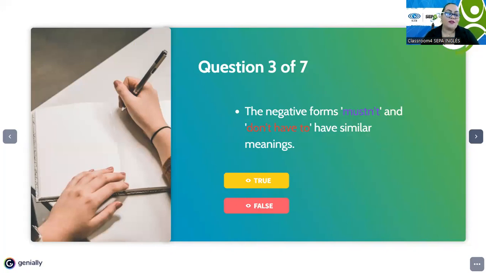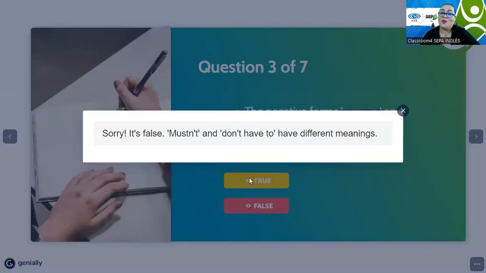What do you think? True? No, it's false. Mustn't and don't have to have different meanings. Don't confuse them. Let's try to clarify this.